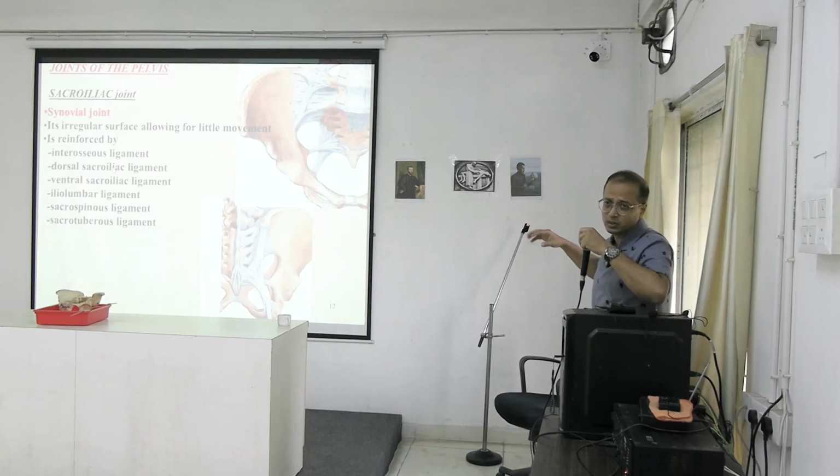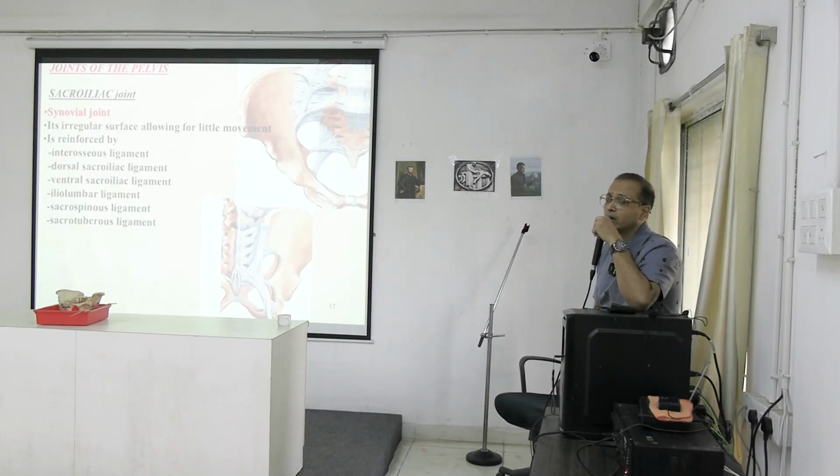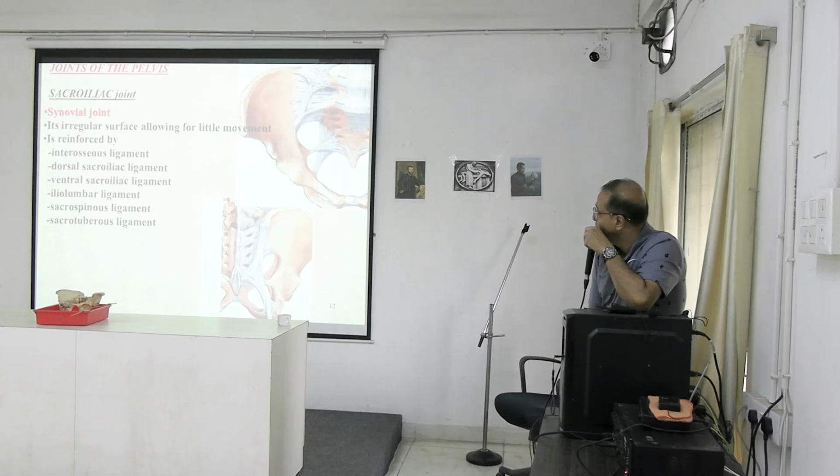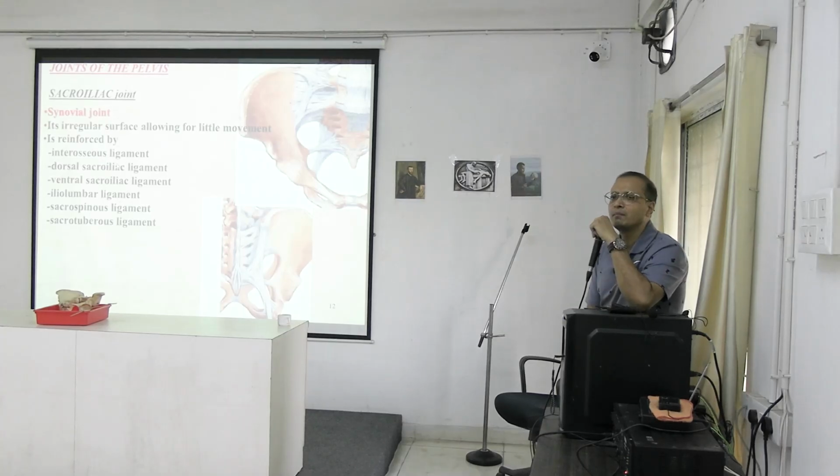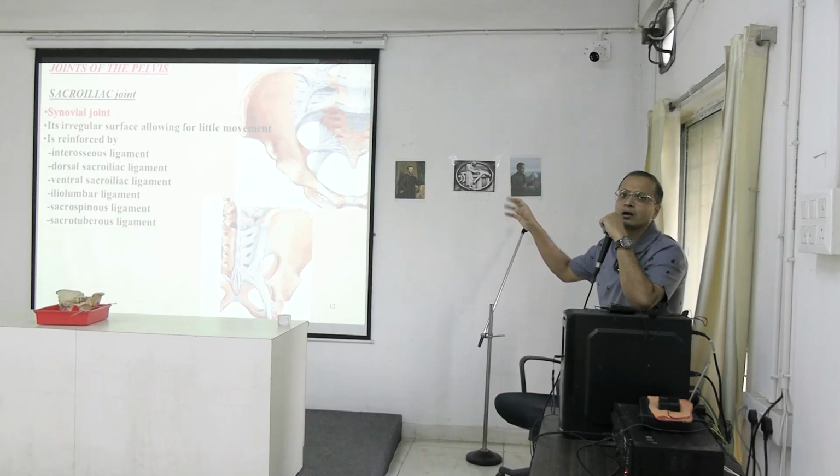These are the two ligaments primarily joining these joints. And from the ilium to the lumbar bone, we have the iliolumbar ligaments. And between these bones we have a ligament which later ossifies, the interosseous ligament. You can forget the names of the ligaments, no matter, but you cannot forget the type of the joint.